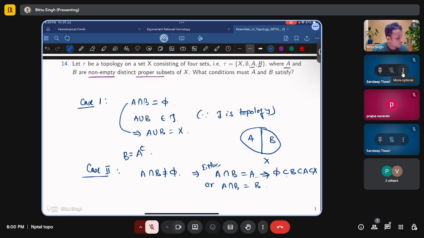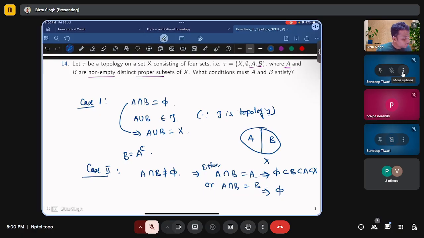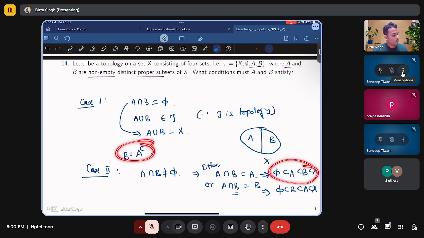Those are strict inequalities. Sorry, A is smaller because we are taking intersection. For the second one, A intersection B equals B, that means B is smaller. So those three kinds of relation can be obtained depending on the condition.